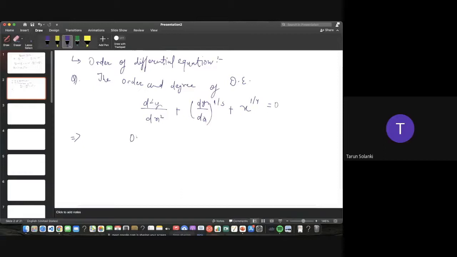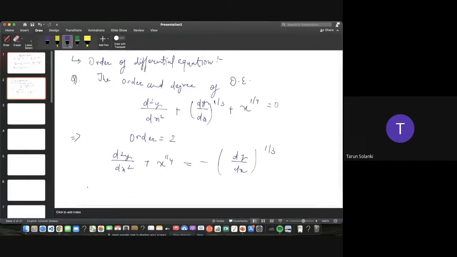Again, d square y dx square plus x to the power 1 by 4 is equal to minus (dy by dx) to the power 1 by 3.